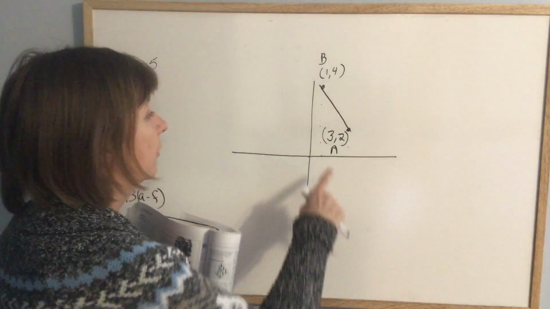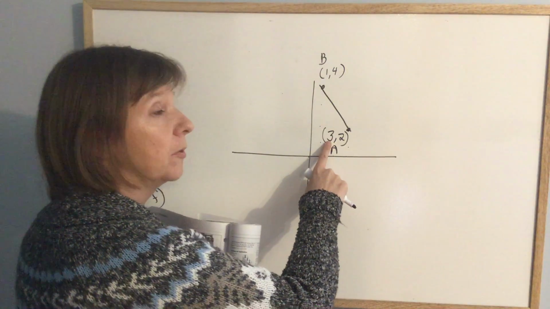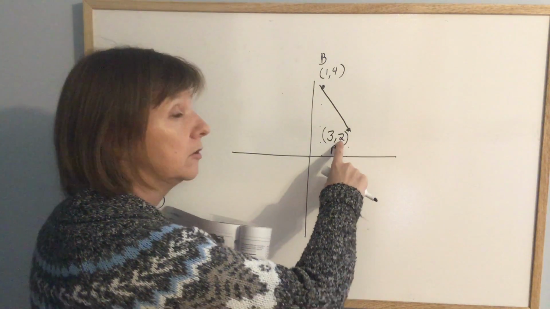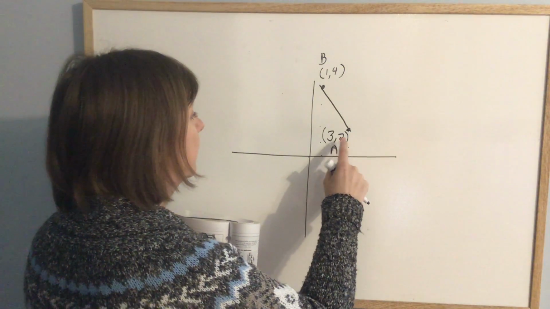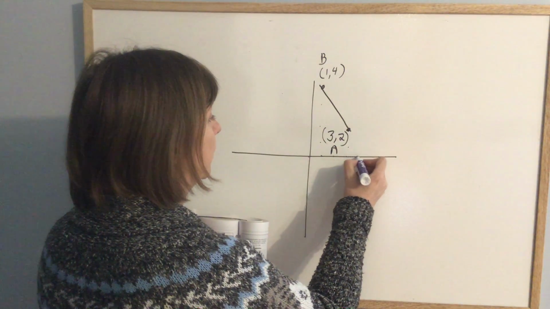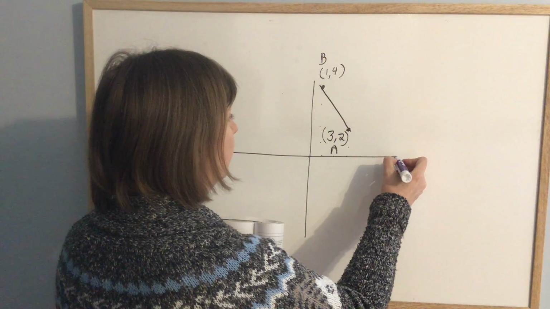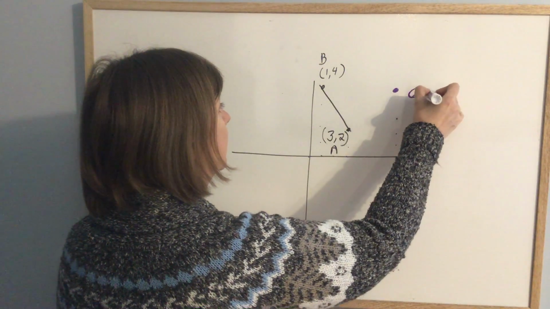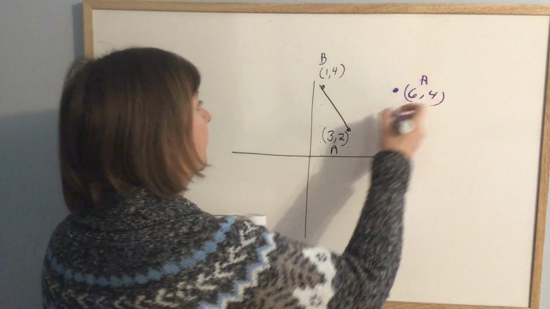point. So for A, if I multiply the 3 by 2, I get 6. If I multiply the 2 by 2, I get 4. So A prime is 6 and 4. That is point A prime.